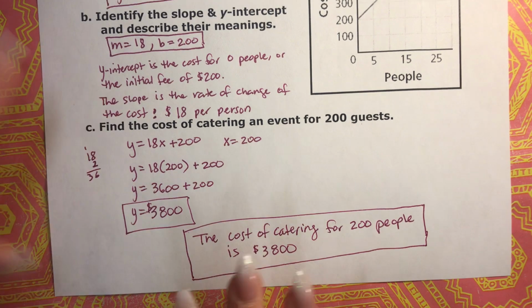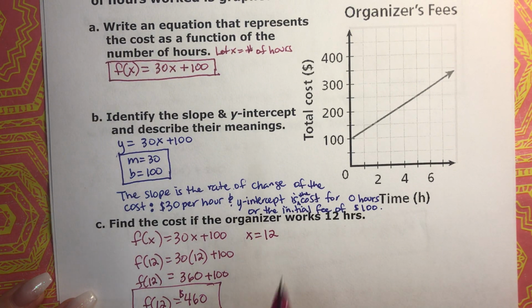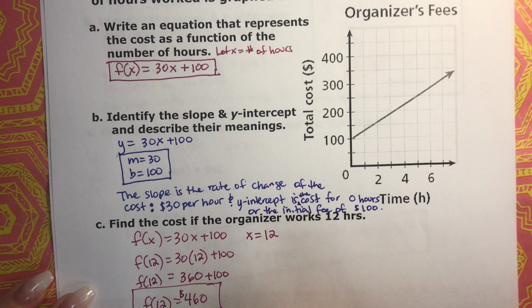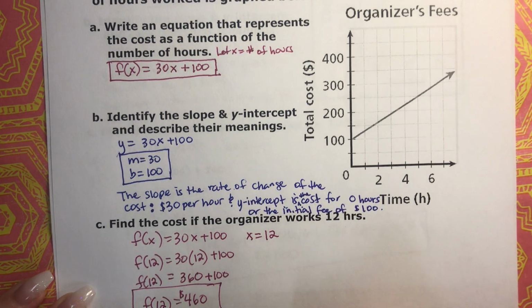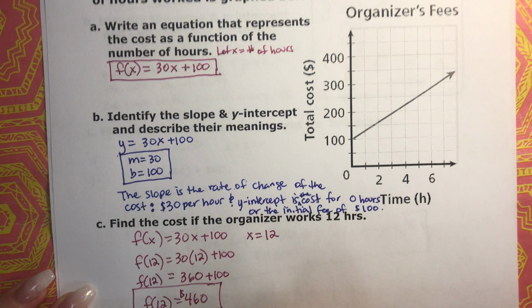So, okay, let's go ahead and write. I forgot, I need to write a sentence on this. So we would say the cost for the organizer working 12 hours is $460.